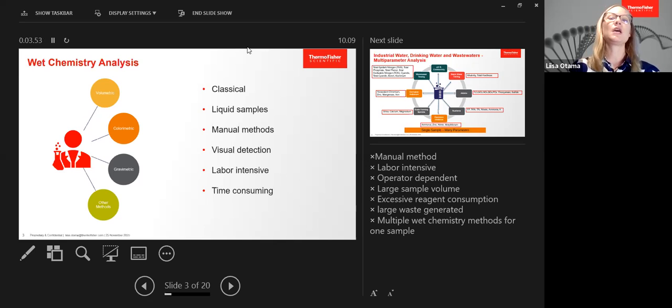Liquid samples require a lot of preparation work, and the reagents and standards need to be prepared manually. Often these are quite prone to user error. Depending on the operator, you might see slightly different results because the detection is often done visually, like in manual titration.